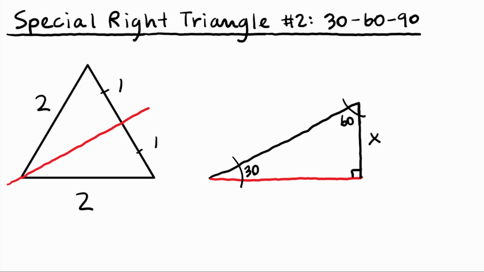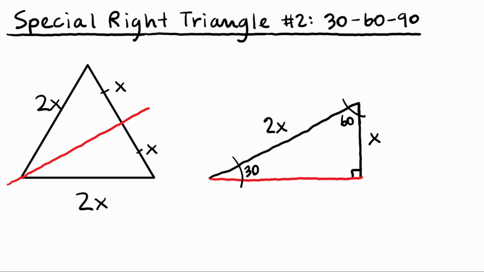And so if the one across from the 30-degree angle, the short leg, is x, then the hypotenuse is going to be 2 times x, really because of this diagram off on the left, where now I'm thinking about x and 2x.